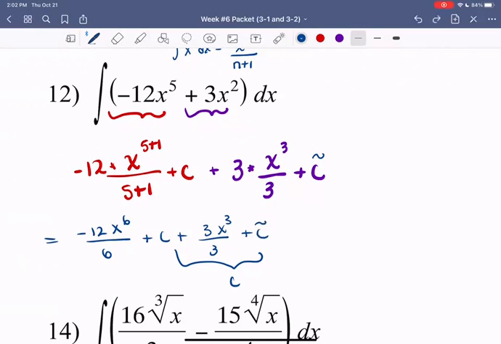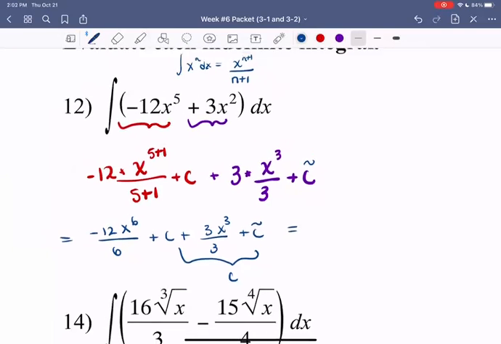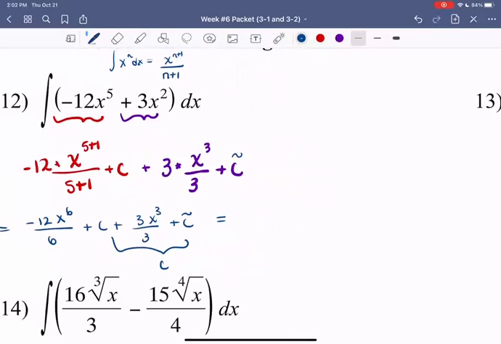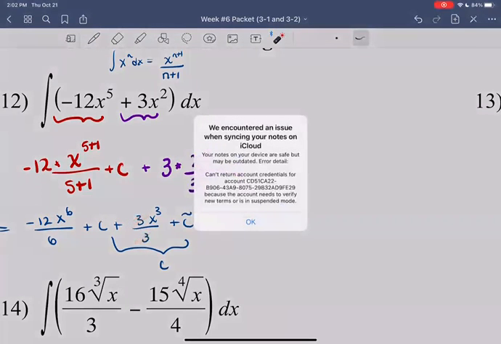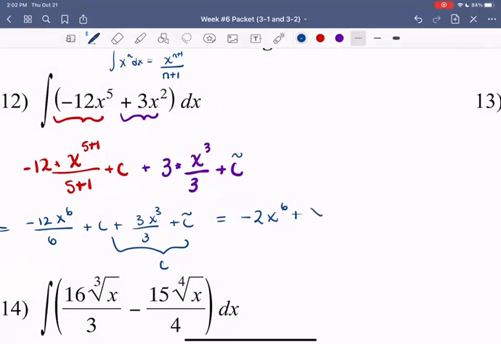Cleaning up a step further, now I have negative 12 over 6, so I can simplify that to be negative 2 x to the 6, plus my 3 cancels my 3 here, so plus x cubed, all plus c. Is there any other simplifying I can do? Nope. So our final answer is negative 2x to the 6 plus x cubed plus c.